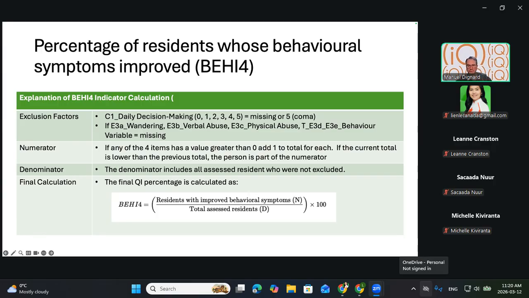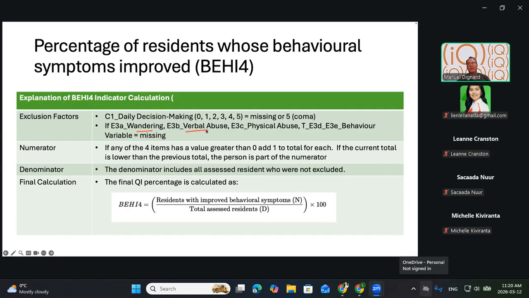So if we look at the calculation here, daily decision making, right? You're not comatose. And looking at our behaviors, the data is not missing.